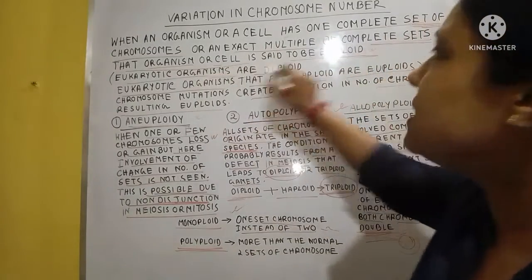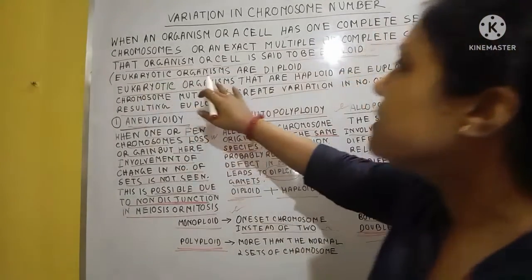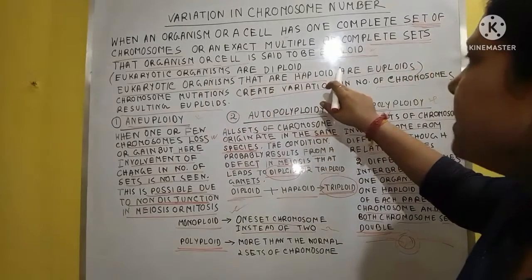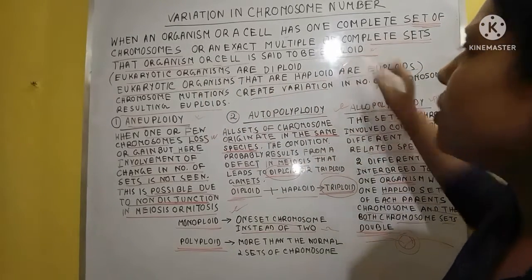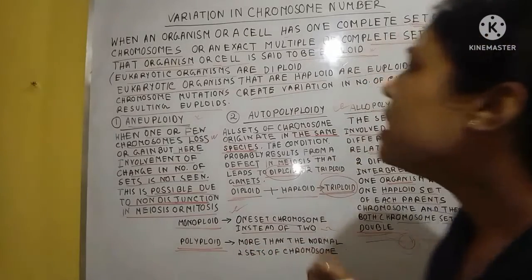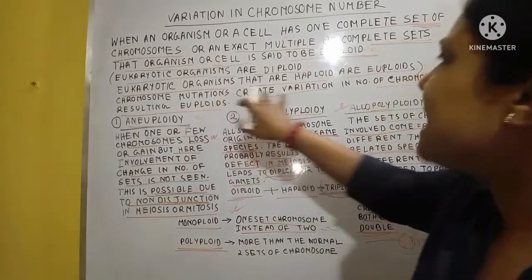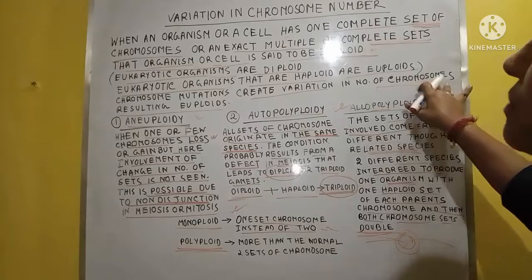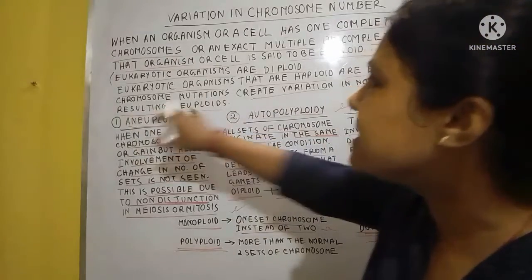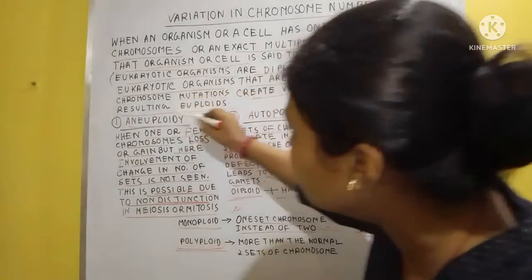Eukaryotic organisms are generally diploid, but eukaryotic organisms which are haploid are also generally euploids. Chromosome mutations that create variation in the number of chromosomes can result in the formation of euploids.